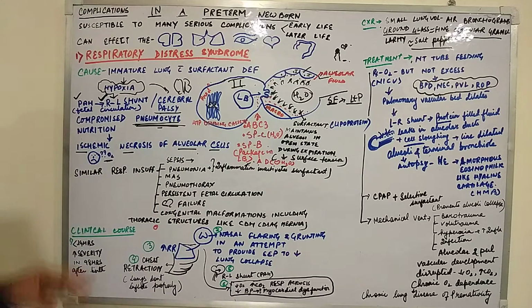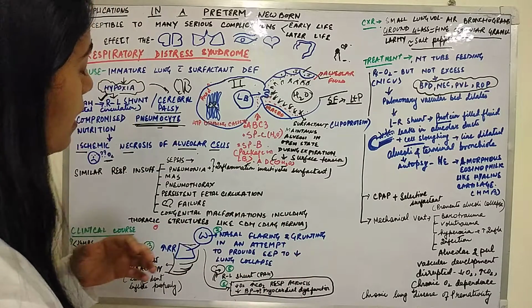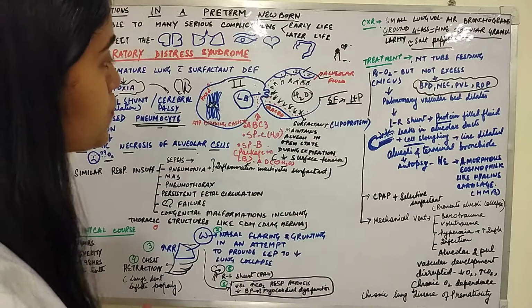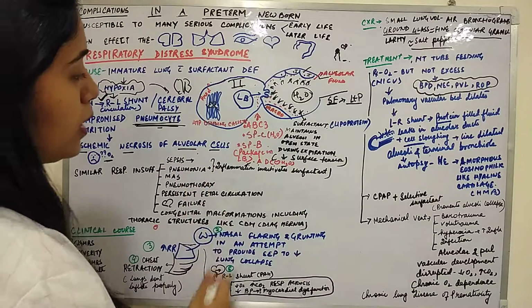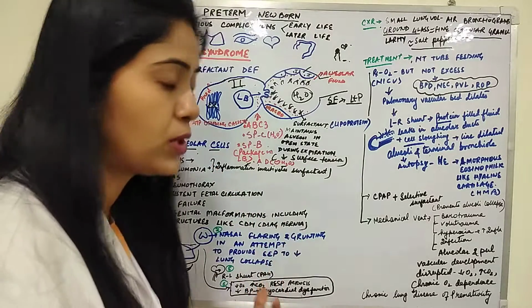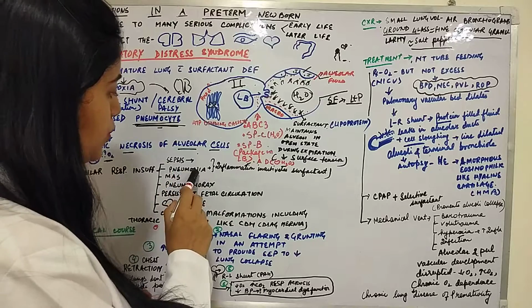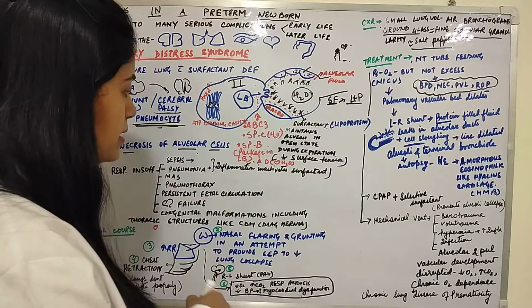Now apart from preterm surfactant deficiency, there are other scenarios where you can have a similar picture, like sepsis, pneumonia, because again, inflammation tends to inactivate the surfactant molecule. So sepsis, pneumonia, or meconium aspiration syndrome, again, that is an inflammation.